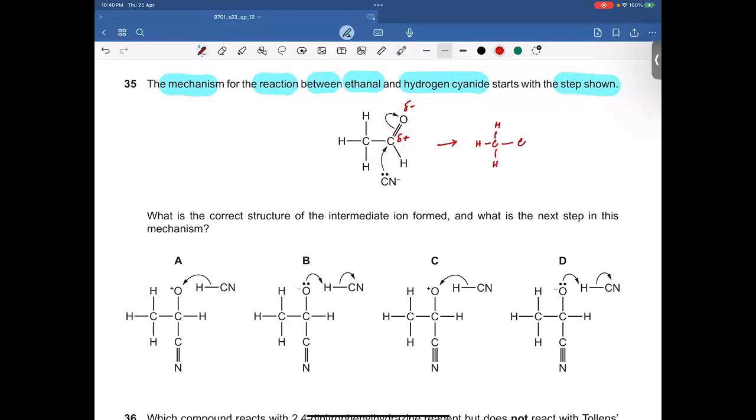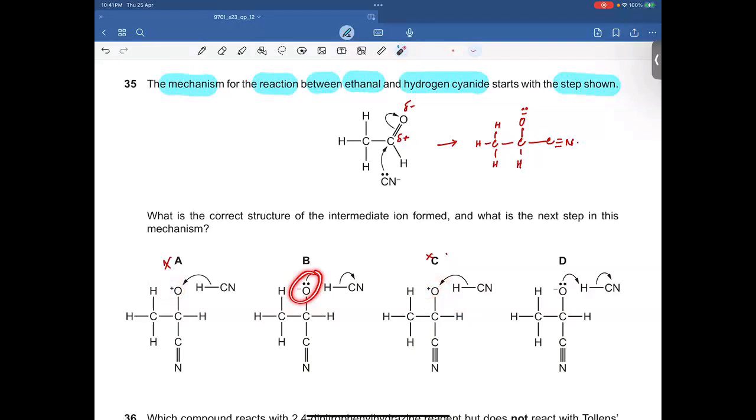This intermediate anion has a negatively charged oxygen. This one does not fit because the oxygen is positively charged. This one is also incorrect because both the oxygen atoms are positively charged, which means it is not the intermediate anion.